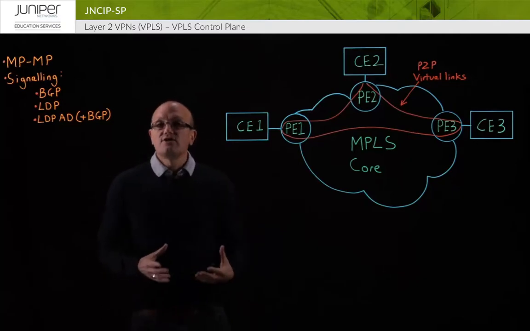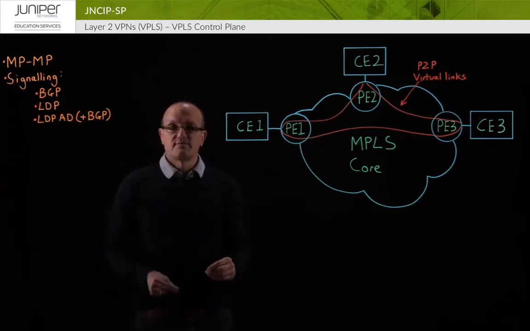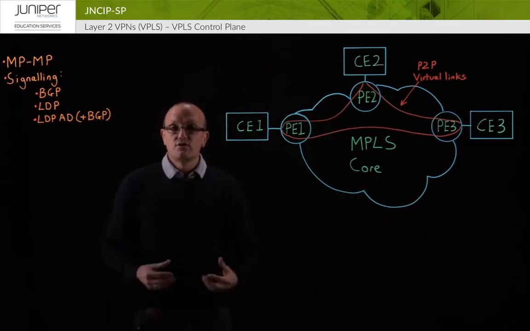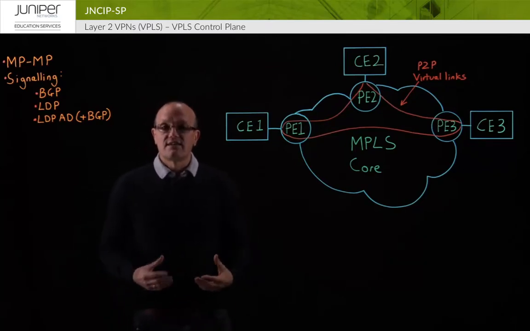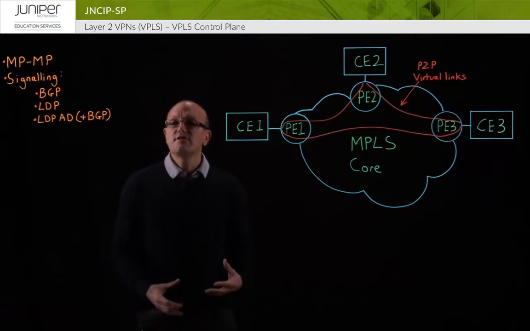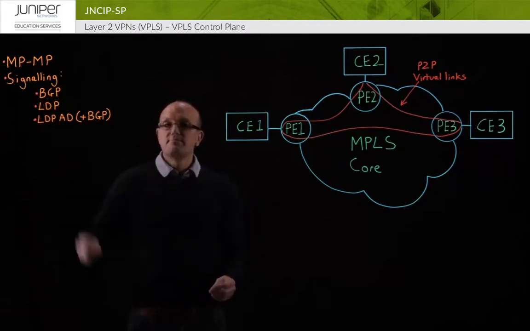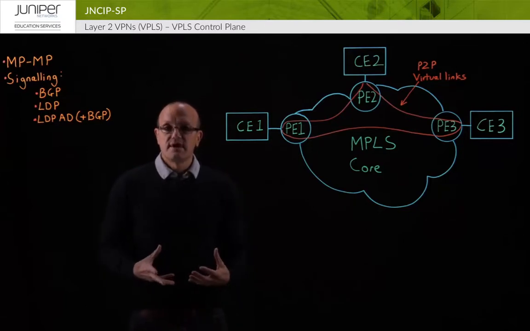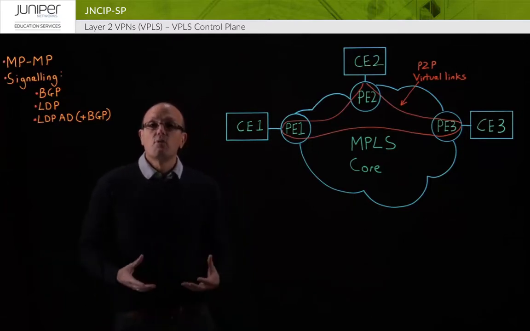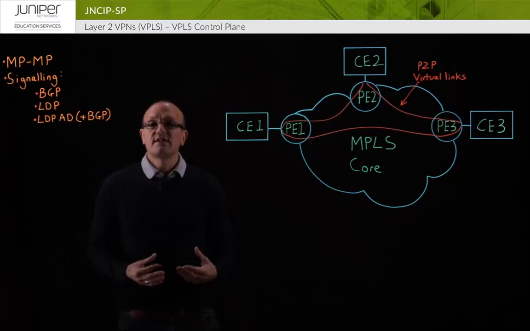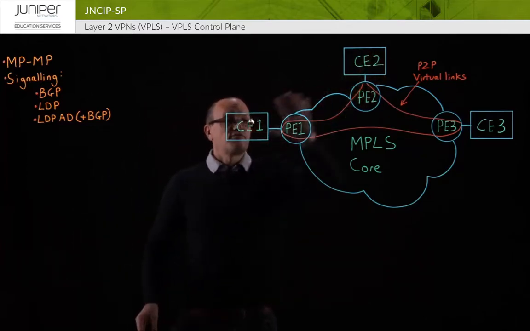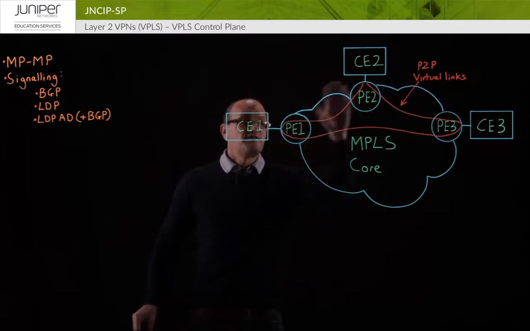Let's examine how we can use these different signaling mechanisms to provide this full mesh of virtual links to provide this virtual private LAN service. So first off, let's examine BGP. We use BGP to signal layer 2 VPNs. And what happens with BGP signaling for layer 2 VPNs? Well, say we have a virtual circuit running between PE1 and PE2.